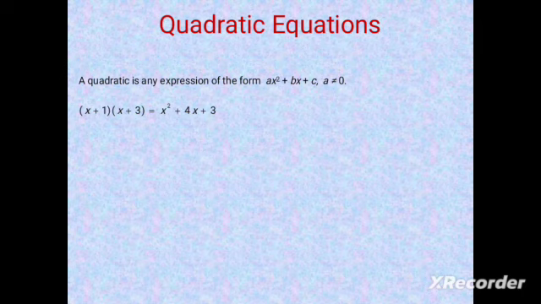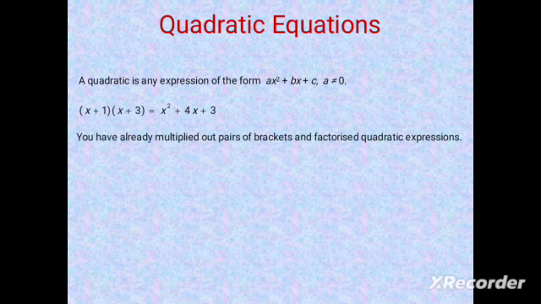If you expand this, you'll get x squared plus 4x plus 3, and this exists in the format of a quadratic expression, that is ax squared plus bx plus c. Now, you have already multiplied out pairs of brackets and factorized quadratic expressions, and that is why we have our equation as above.